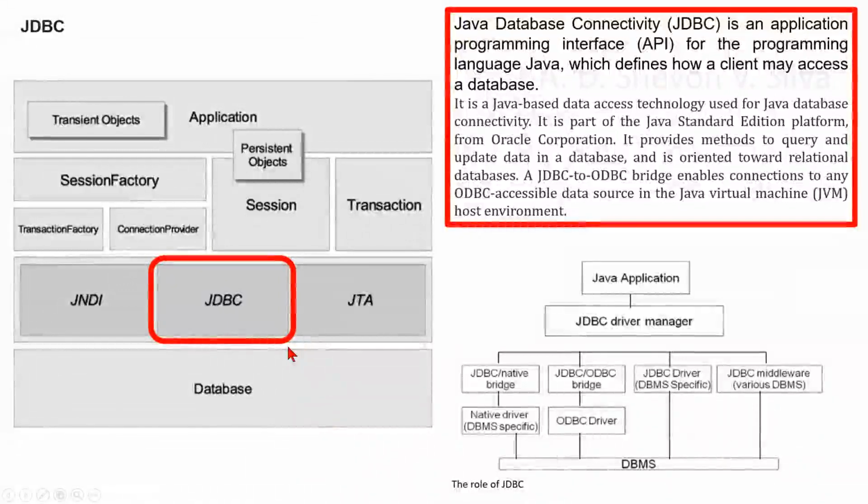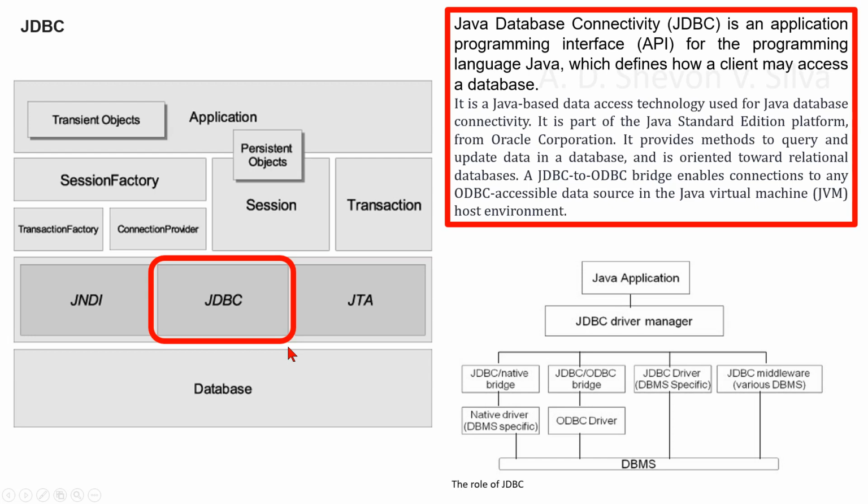JDBC is an application programming interface, API, for the programming language Java, which defines how a client may access a database. It is a Java-based access technology used for Java database connectivity. It is part of the Java Standard Edition platform from Oracle Corporation.